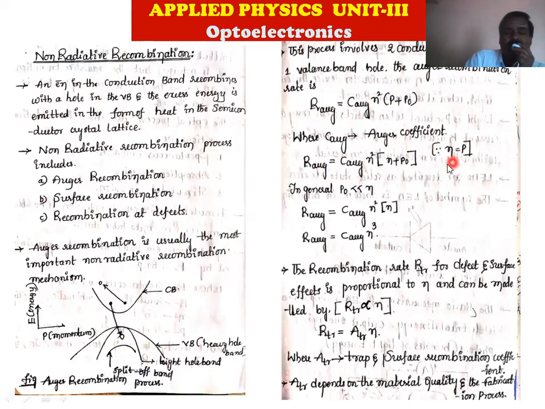Because n is equal to p, and in general p0 is very small compared to n, R_Auger = C_Auger n^2 into n. So R_Auger = C_Auger n^3.